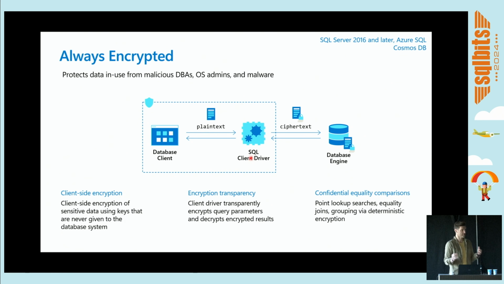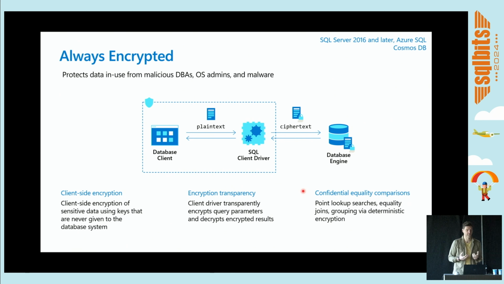The client driver receives that information, decrypts it, and shows it to you in plain text inside your application. So as long as you have access to the encryption key, you will be able to see the data. If you don't have access, you will not see any information inside your application or even outside the application. Make sense? It's really the client driver that's doing all the work here.